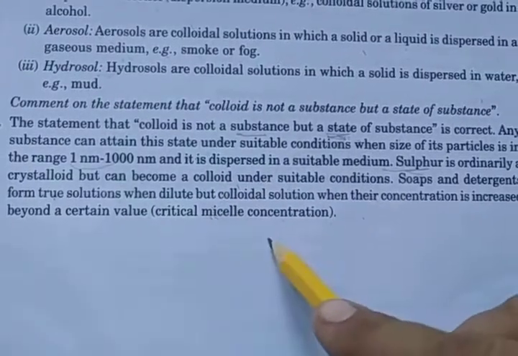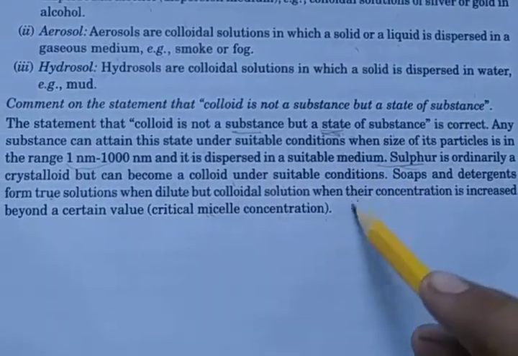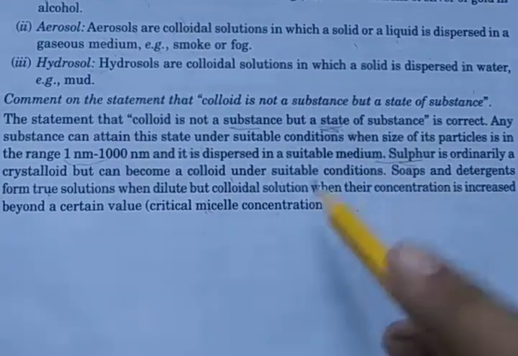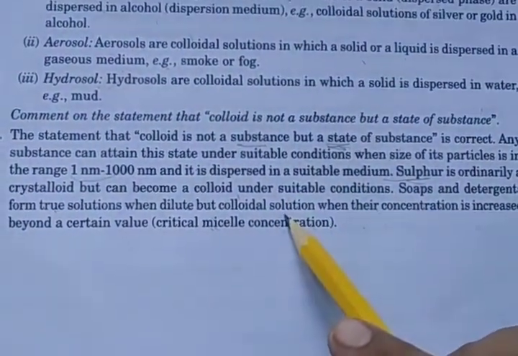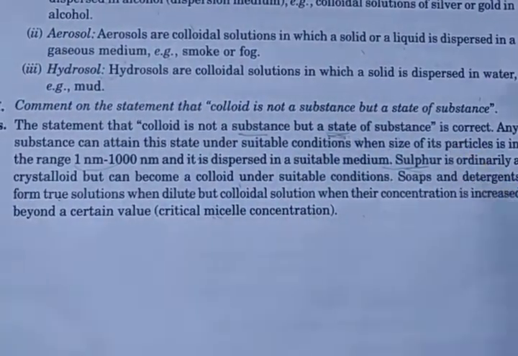So at the CMC value, when soap and detergent solution concentration increases, it is referred to as a colloidal solution. So colloid is not a substance but a state of substance.